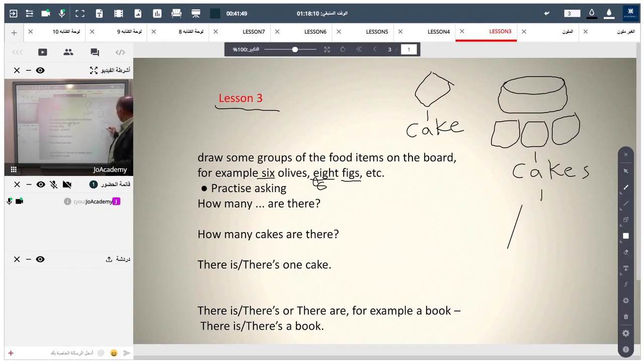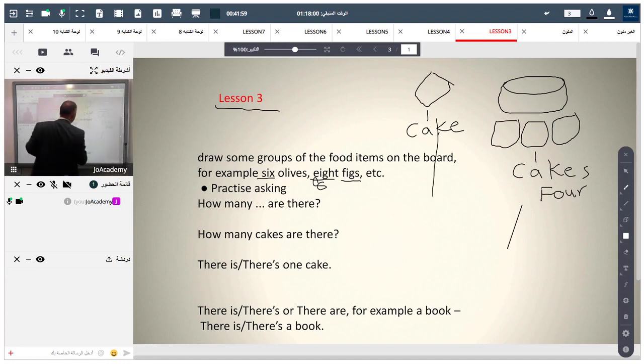There are 4 cakes. How many cakes can you see here? There is 1 cake.